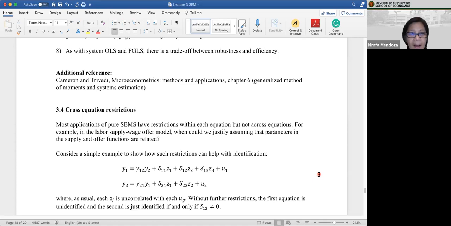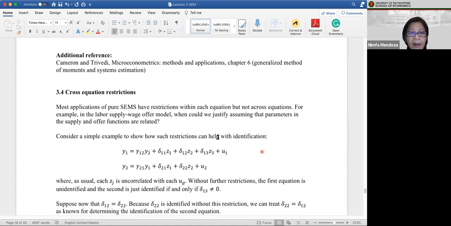Most applications of pure SEMs have restrictions within each equation, but not across equations, because in SEMs, usually you have autonomous equations.